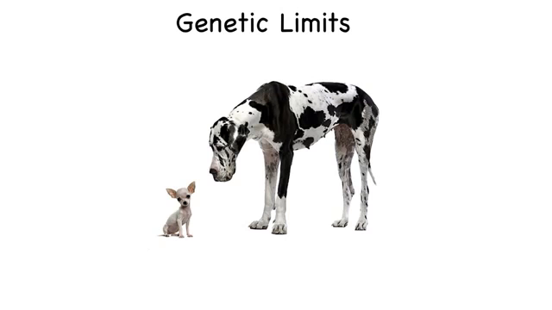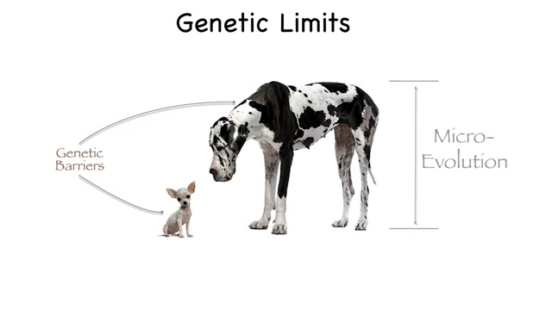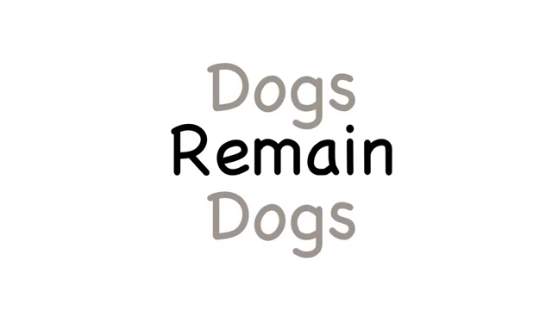But these breeders aren't able to genetically produce a cat, a cow, or a gorilla from a dog. The reason they can't is that there appear to be genetic barriers, genetic limits built into the dogs. Just like the bacteria example we looked at, this is another example of microevolution, a change within a type. No matter what breeders do, dogs still remain dogs.